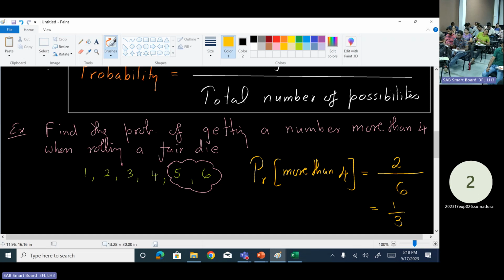So here we have used the classical approach. When you go for the classical approach, there is no need to repeat the experiment. Even if you do it once, you can apply this. We need only the total number of possibilities and in how many we are interested.